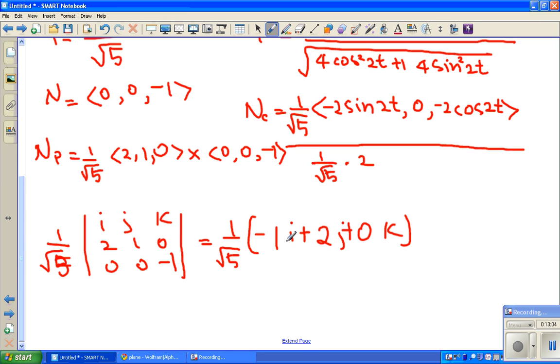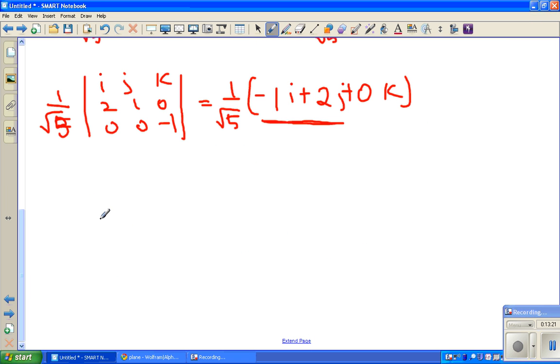Now, since this is a vector, it will be simpler to just represent it with this portion of the vector without multiplying by 1 over radical 5, because they're all parallel by the scalar product of 1 over radical 5. So what we end up doing now is this. The point was 0, pi, and 1, and the vector now is negative 1, 2, and 0.